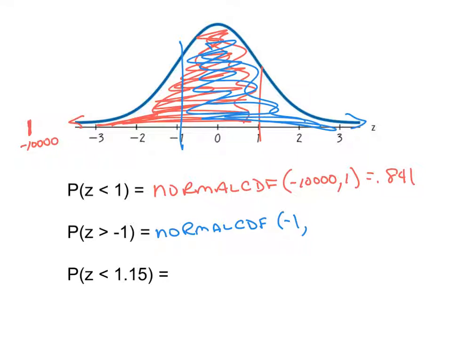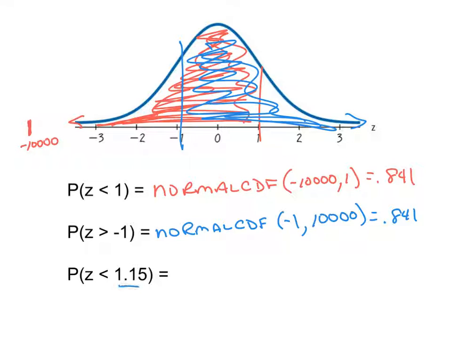Forever to the right is not going to be -10,000, because if we go to the right, we're going in the positive direction, and so that would be +10,000. That gives me exactly the same answer, because it's kind of symmetric.